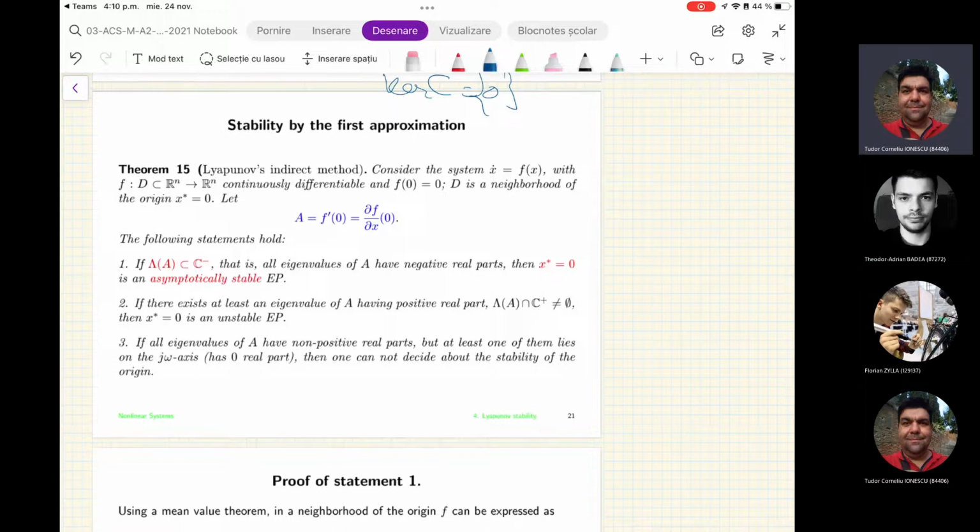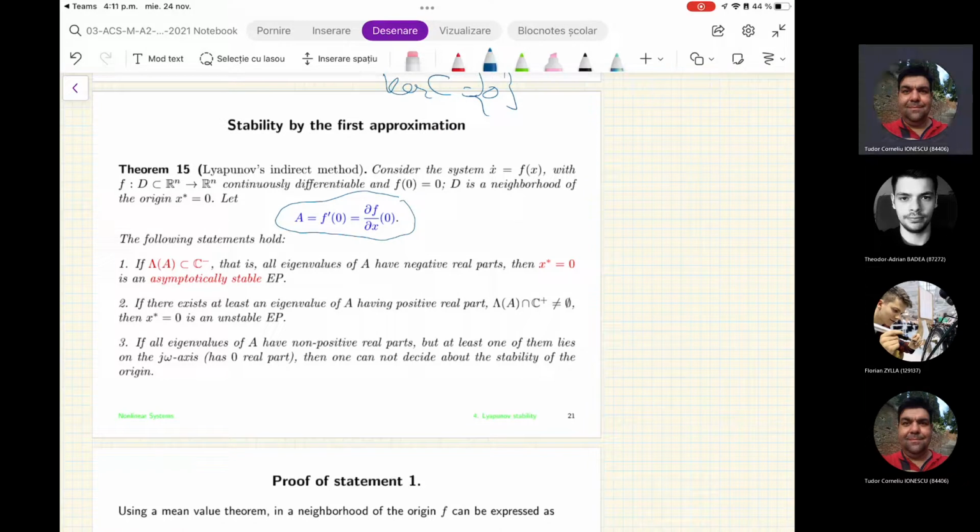So consider the system x dot is f(x), continuously differentiable, and we have a neighborhood of the origin. Consider the matrix A, which is the Jacobian of f evaluated in the origin. And the result is like this. We know this from second order systems and from scalar systems.